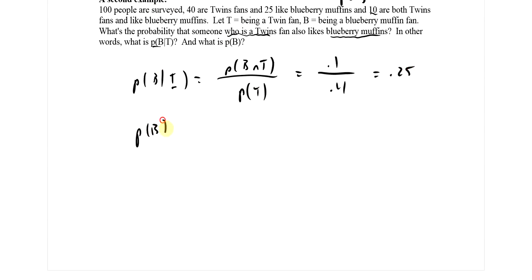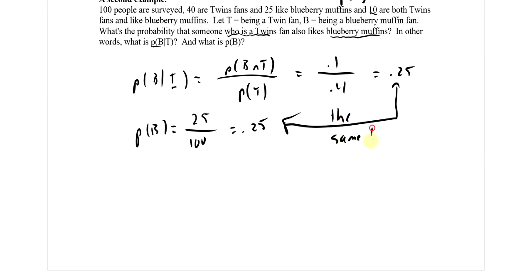What about the general populace? Well, what's the probability of being a blueberry muffin fan? Well, there's 25 people who are blueberry muffin fans out of 100. So that's also 0.25. So here, if we know someone is a Twins fan, that doesn't change the probability that they're a blueberry fan, right?